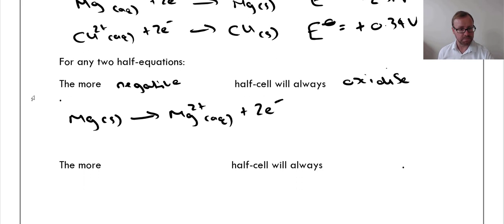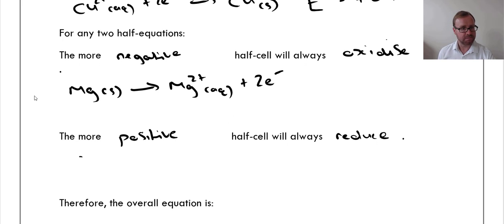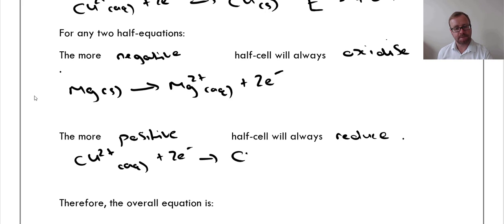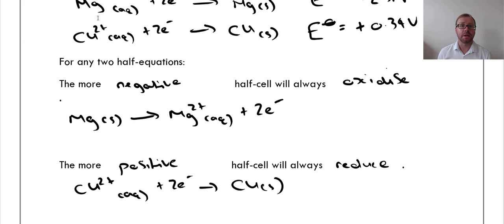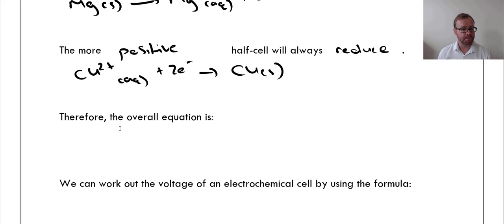And the more positive half cell will always reduce, unsurprisingly, which means that my copper half cell will be reduced because it has the most positive E potential.